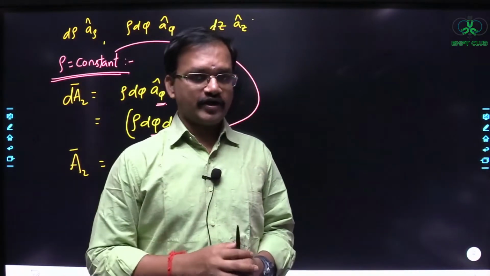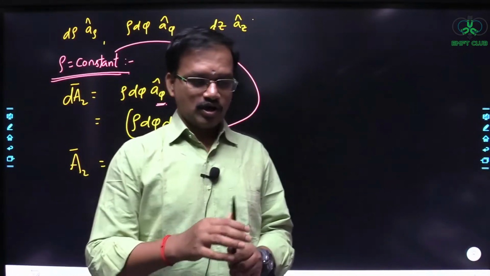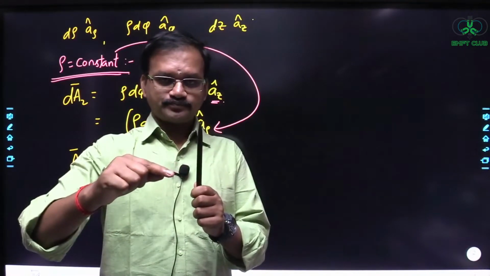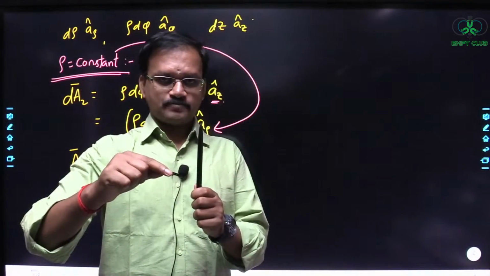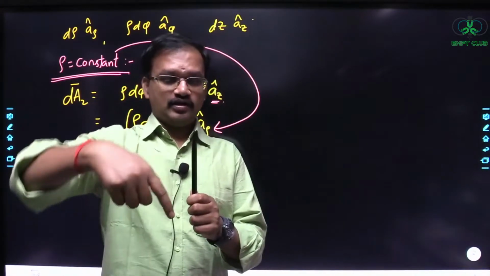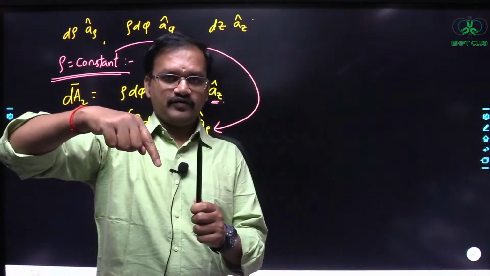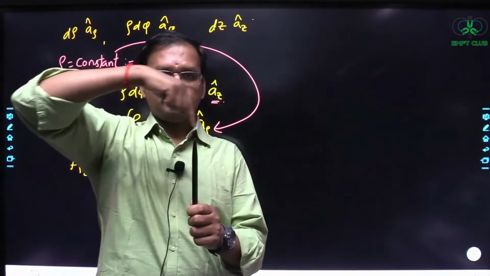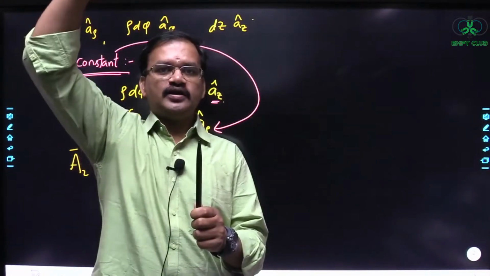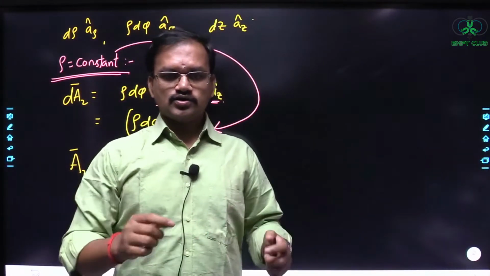So now we try to visualize. This is the z axis. This is rho. Rho is fixed. Now vary phi and vary z, vary phi and vary z. So rho is fixed here.